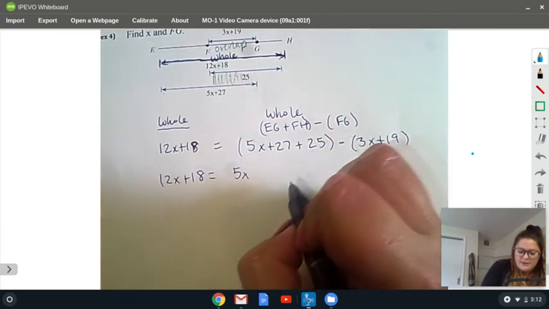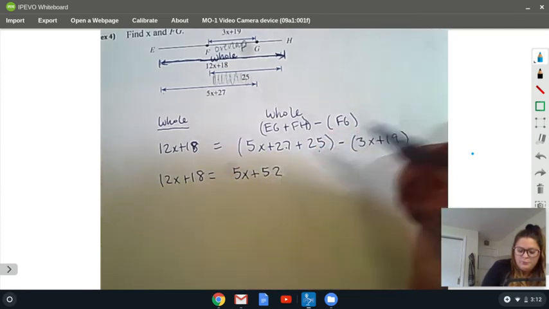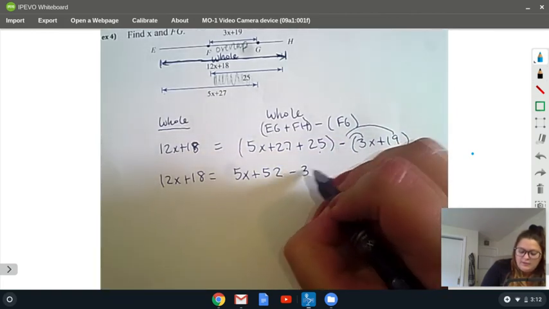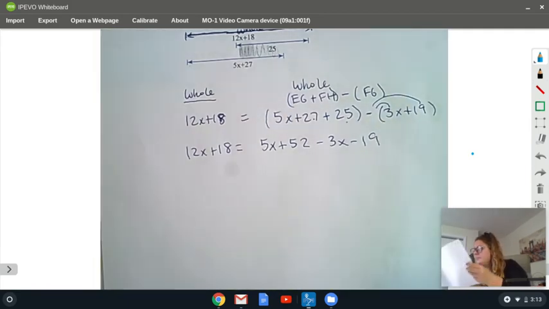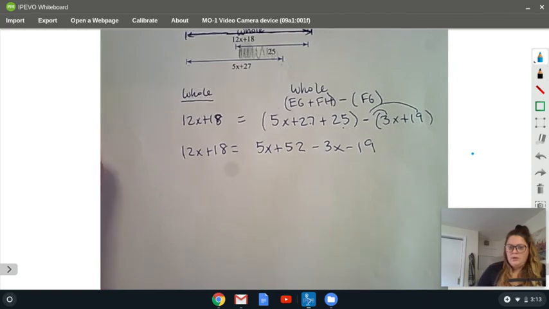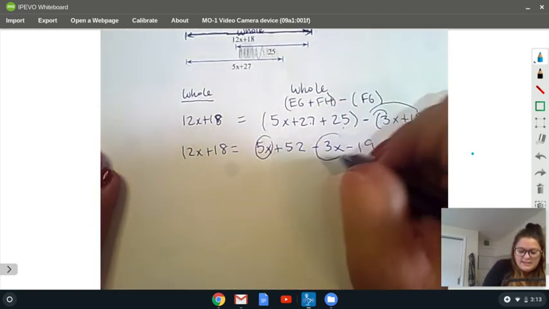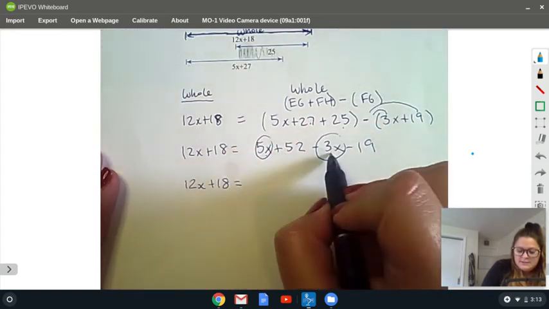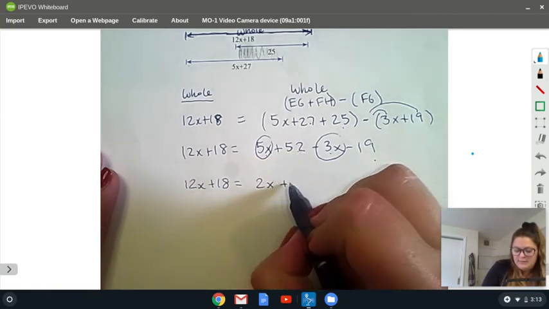I'm going to simplify what's in these parentheses so I can add 27 and 25 to get 52. And now I'm going to distribute this negative. So I'll get negative 3x and negative 19. Okay. Now I'm going to start to simplify what I have on this side so I can combine 5x and negative 3x. This side's going to stay the same. 5x minus 3x gives me 2x, and 52 minus 19 is going to give me 33.